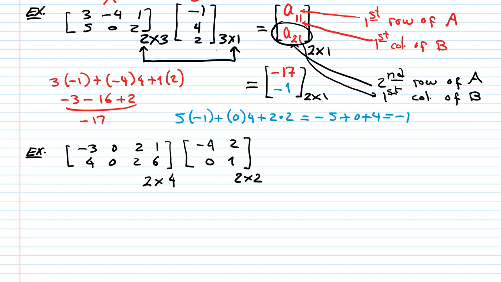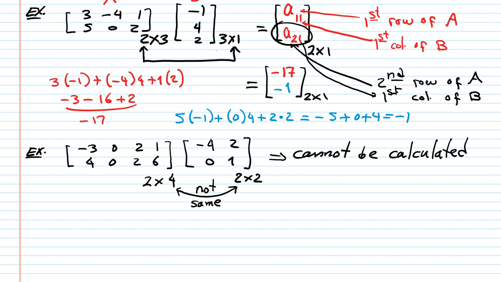So what do you think? Can I multiply these? Let's look at the inside numbers. A 2 by 4 times a 2 by 2. The inside numbers are not the same, right? If they're not, therefore this matrix multiplication is undefined. So I'm just going to say this cannot be calculated.